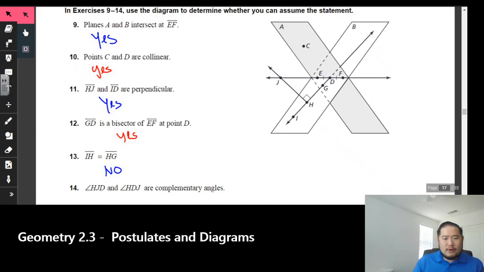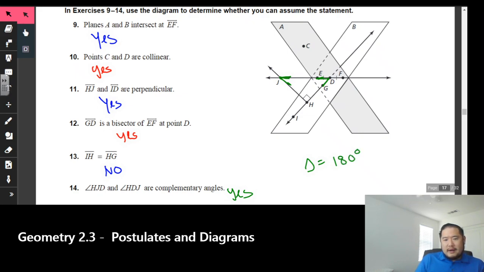And then finally, number 14, angle HJD. So we have H, J, and D. They're talking about this angle right here, and angle HDJ. They're saying that those two angles are complementary angles. That's a yes. Remember, I told you a triangle has interior angles of 180.